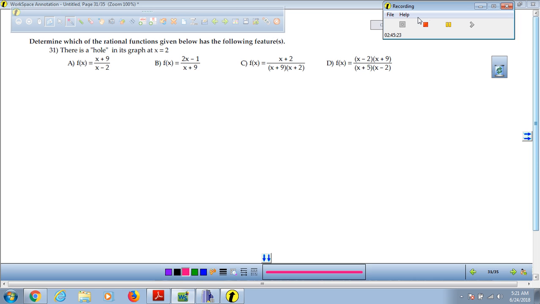So there is a hole in its graph at x equals 2. So that means that whichever equation I say is the answer, if the hole is supposed to be x equals 2, think when you put this as an expression here as a factor.